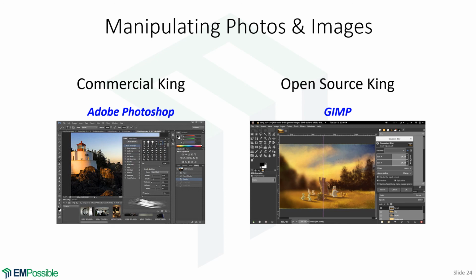They don't say they're a Photoshop clone or a Photoshop equivalent, but they really do similar things, and GIMP is also a very strong package for manipulating photos. So you can do things like adjust lighting in your photos, or remember the blurring in that satellite dish image, you can do stuff like that. You can remove backgrounds to remove contrast and make things easier to interpret. So having a good photo editor for your documents is very important.